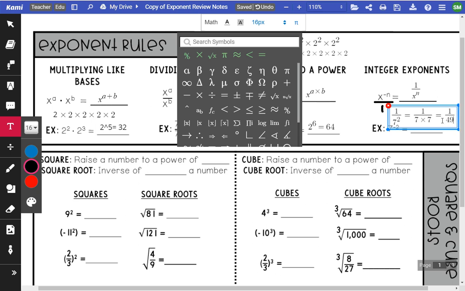So 1 over 49. So I have my exponential answer right here in positive exponents.